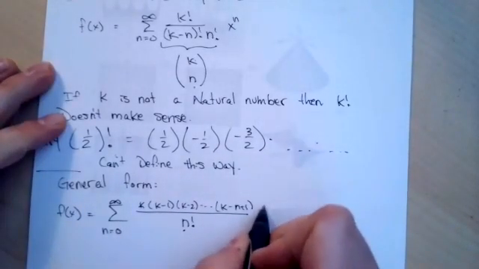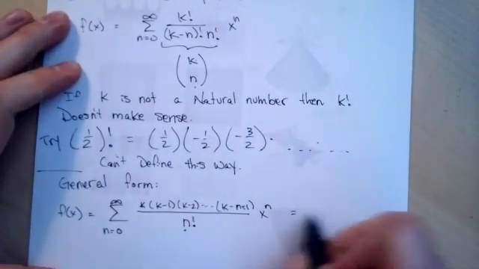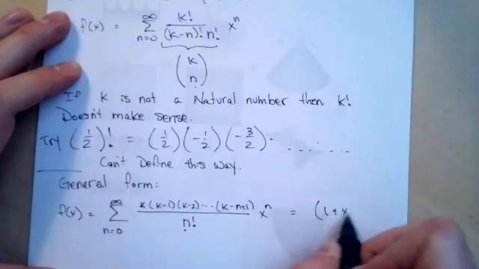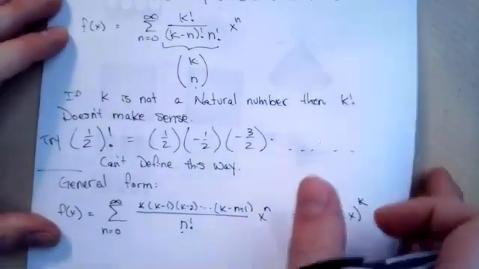And then times x to the n. And so let's just rewrite the function to reiterate. Our 1 plus x to the k was what we were looking at for this Taylor series.